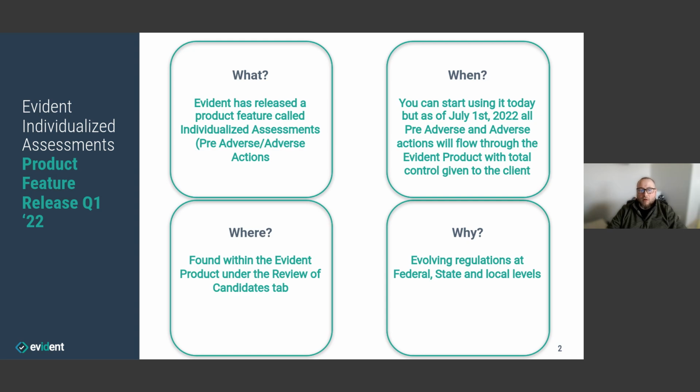We'll also talk about how to find the configuration as we work through the training here today. And lastly, why? Why did we decide to make this change? Because of the ever-evolving regulations at the federal, state, and local levels, this was a necessary change from the Evident team in order to give that control back over to you as the client.